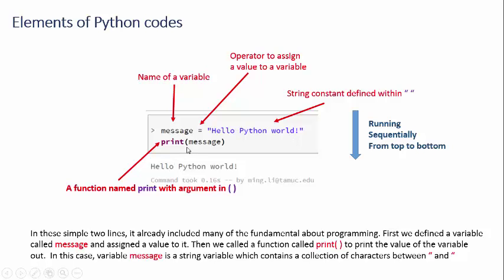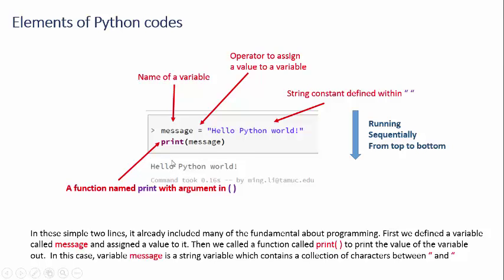And function is a universal concept for all programming languages. Basically, a function is something where you ask the computer to perform a particular set of operations on the variable, which is the argument, basically the input to that function to do something.